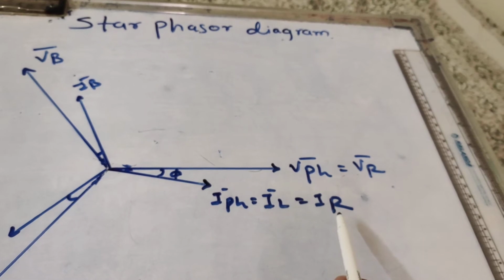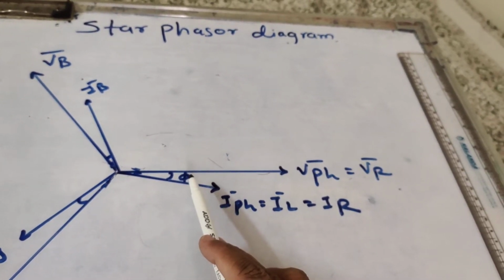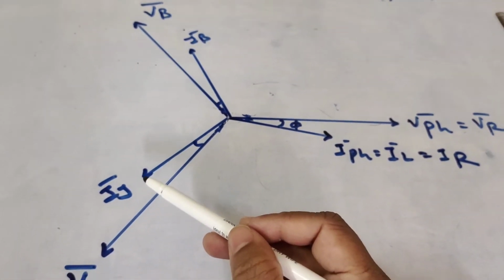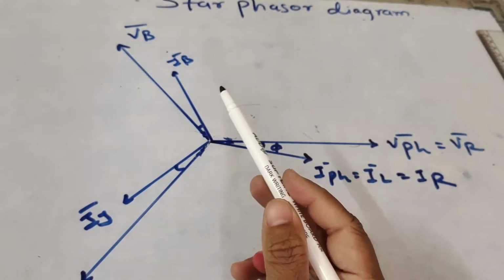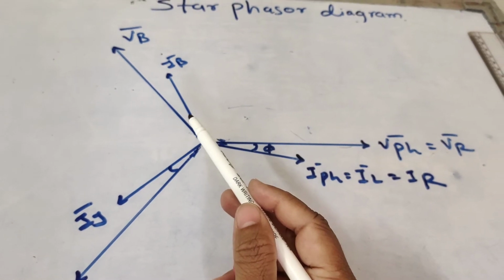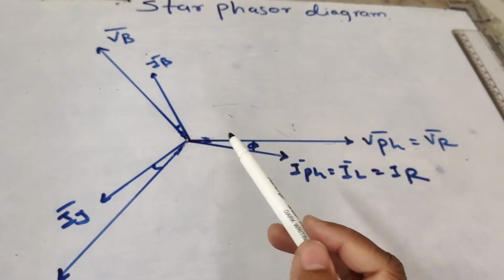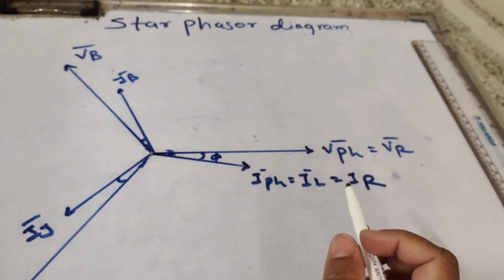Now this is the first phase current IR, angle phi that I have considered as 20 degrees. Similarly, second IY current, IY lags VY by an angle phi, IB lags VB by an angle phi. So these are the three phase currents having phase difference between them of again 120 degrees. This is the second step.